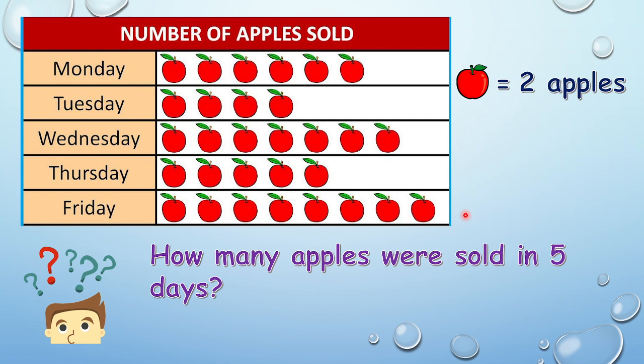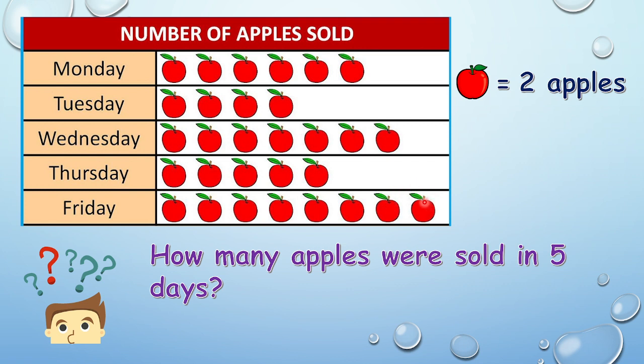Next, how many apples were sold in 5 days? It means all of these days. So we are going to count first. 1, 2, 3, 4, 5, and so on, up to 30.